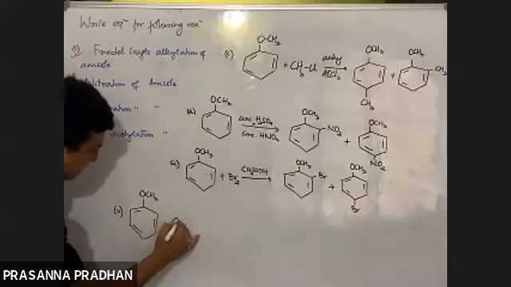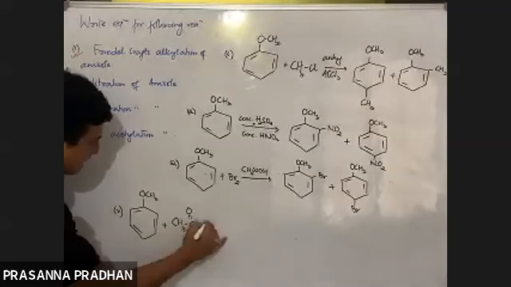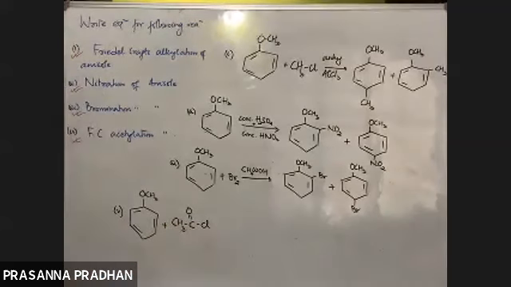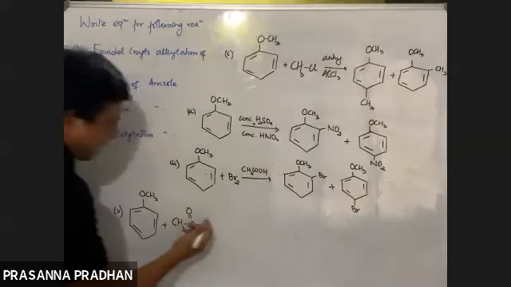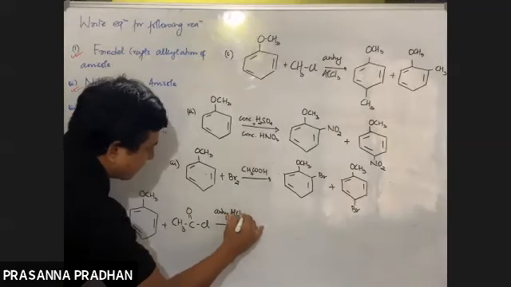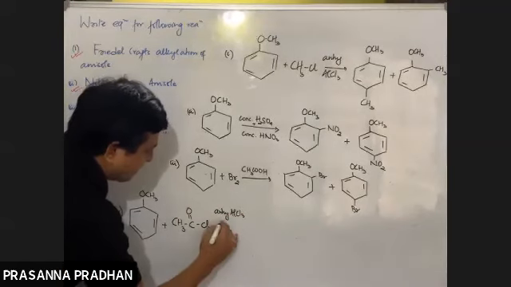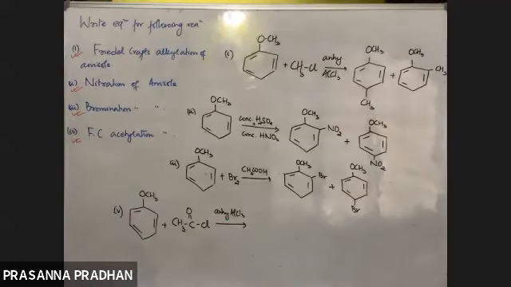Let us take an acid chloride, for example, CH3COCl, acetyl chloride. It means introduction of an acyl group in the benzene ring by treating with acyl halides in presence of anhydrous AlCl3.